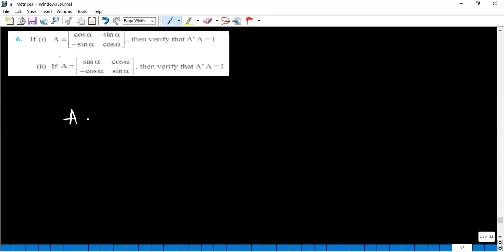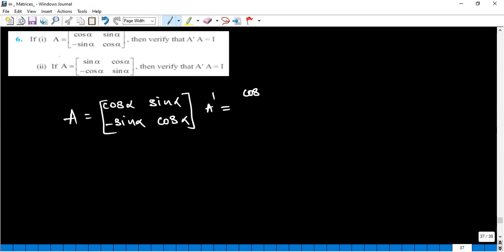They have given A as cos alpha, sin alpha, minus sin alpha, cos alpha. If you find out A dash, what will we get? Cos alpha, sin alpha, minus sin alpha, cos alpha. Both are 2 by 2 matrices only.